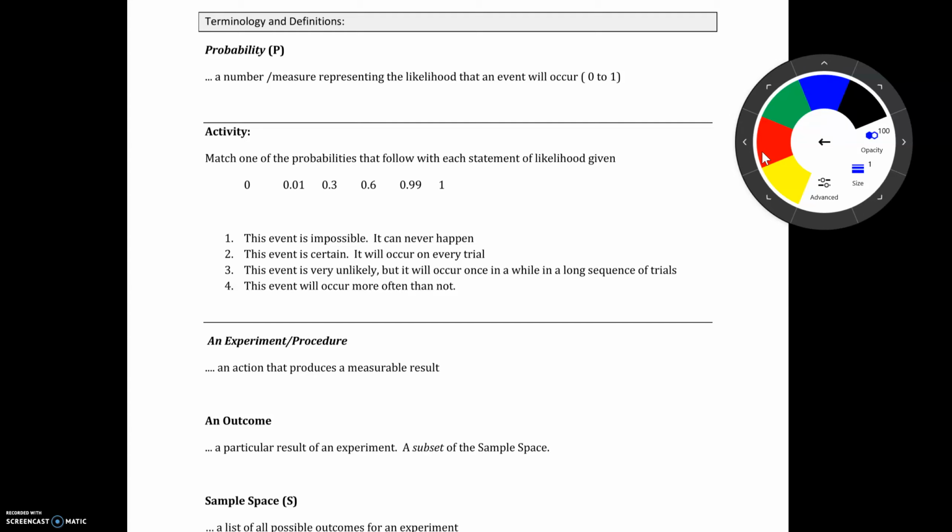When we're asked for probability, it always will be a number between 0 and 1, and it's different than the percent chance, which is a value between 0% and 100%. When you're asked to calculate the probability, give your answer in the decimal form between 0 and 1, not as a percent chance.